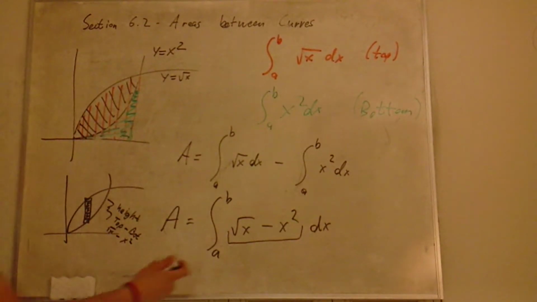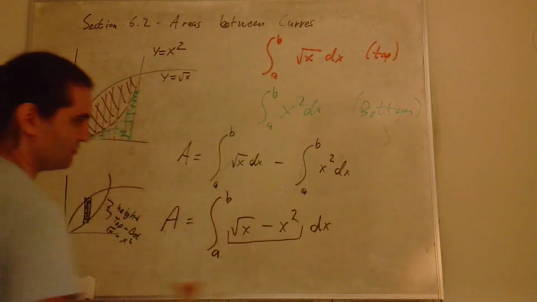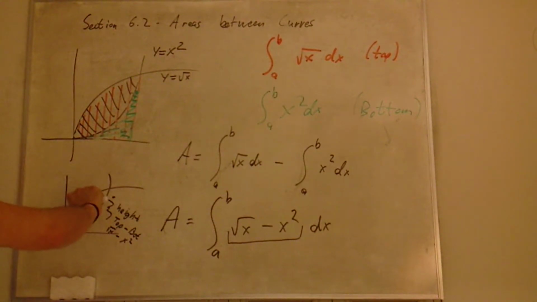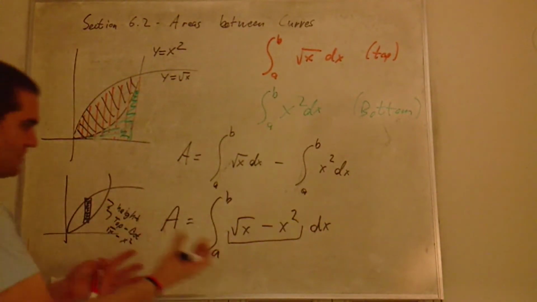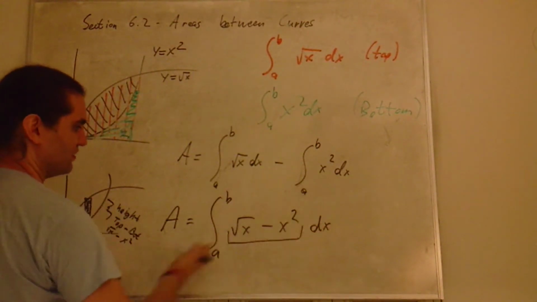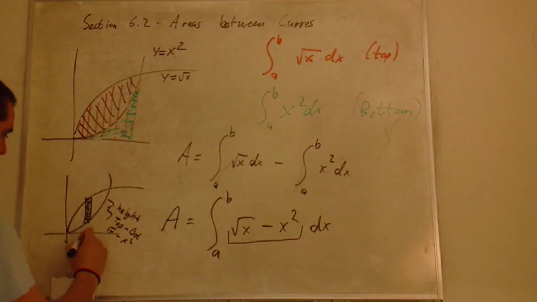So you could use this entire expression, root x minus x squared, as the height of a rectangle that does not connect with the base here, and then you can just find the area that way using a single integral, and this is the geometric interpretation of what's happening in this single integral. And of course the width here is dx.